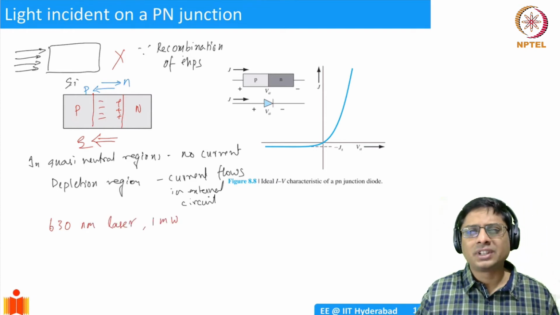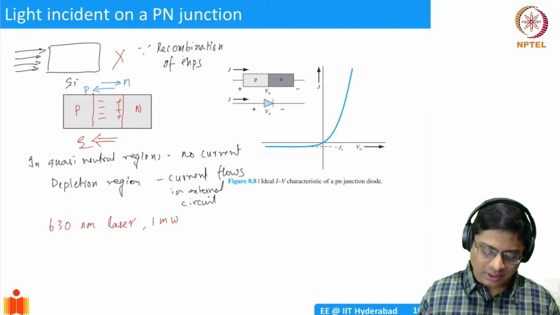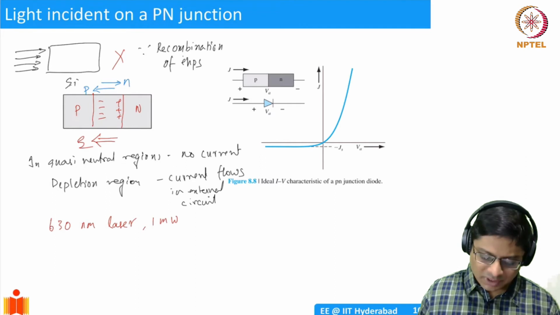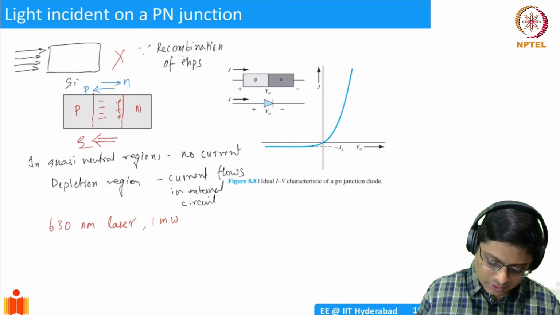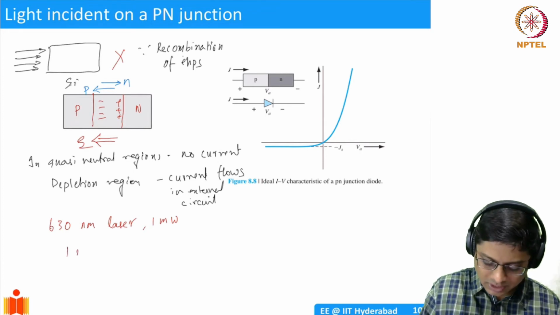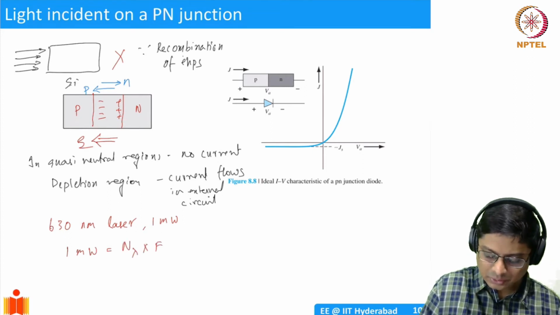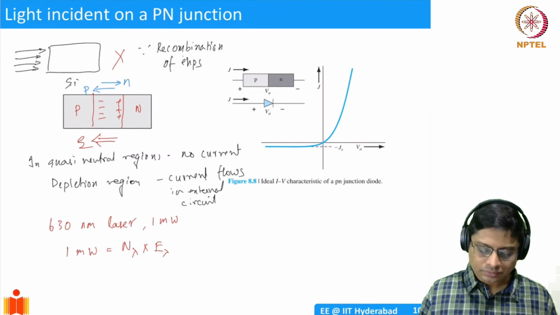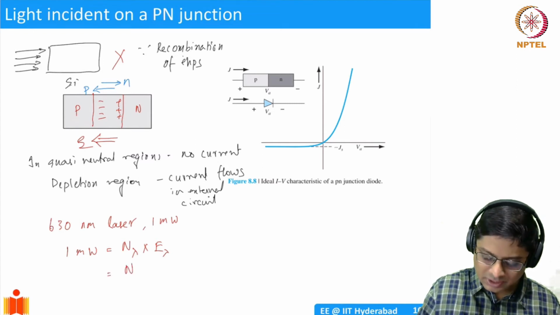I'm saying laser because a laser has one single wavelength. We don't have to worry about various wavelengths. So if you have this laser, how many photons are there? Well, you can compute that, right? Because this power, 1 milliwatt, is going to be the number of photons times the energy of the photons.